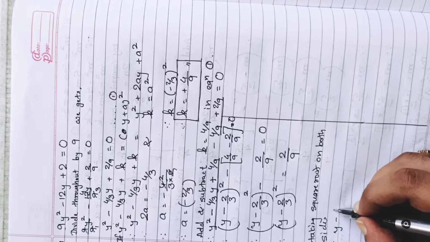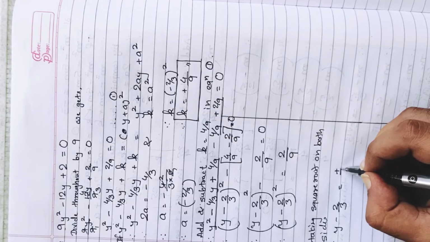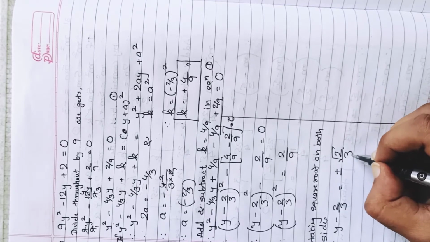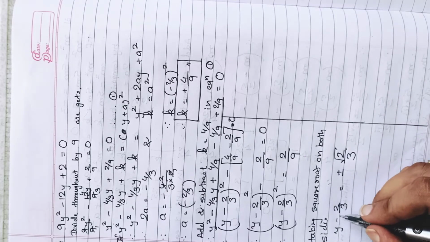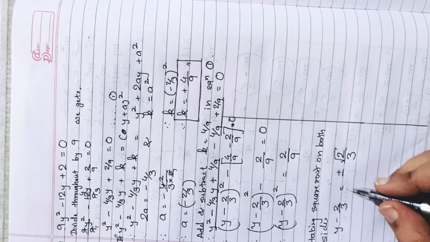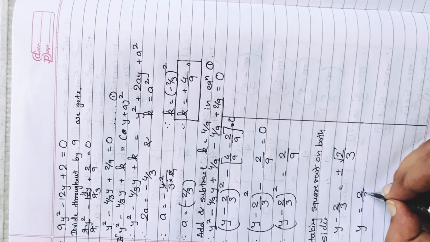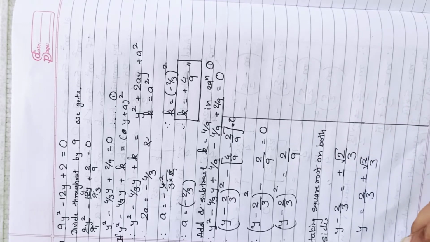Therefore y minus 2 by 3 equal to plus minus 2 square root is root 2 and 9 square root is 3. Now isolate y. So this minus 2 root 3 will go there. So y equal to 2 by 3 plus minus root 2 by 3.